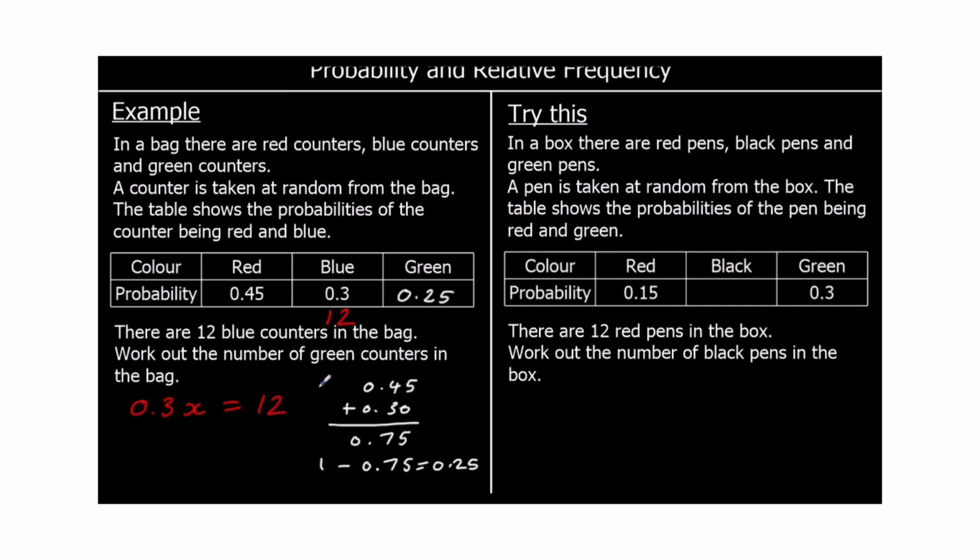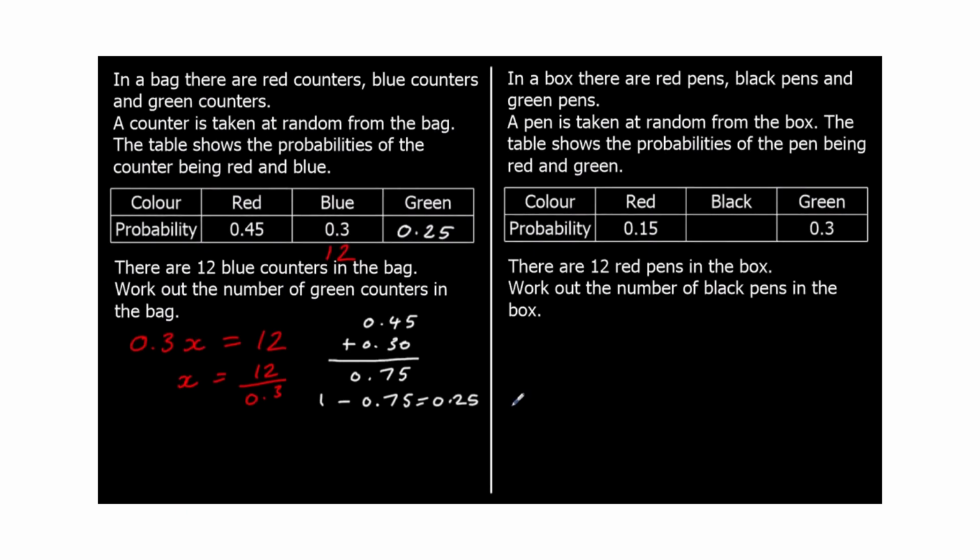So 12 is 30%. So how can we find out x, how many counters there are, if we divide by 0.3? So 12 divided by 0.3 will give us the total number of counters. So 12 divided by 0.3, if I multiply top and bottom by 10, that's the same as 120 over 3, which is 40.